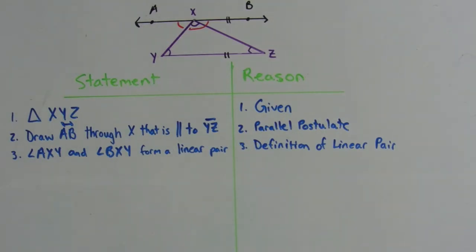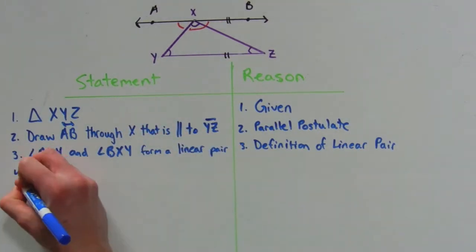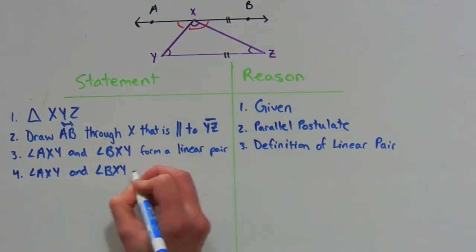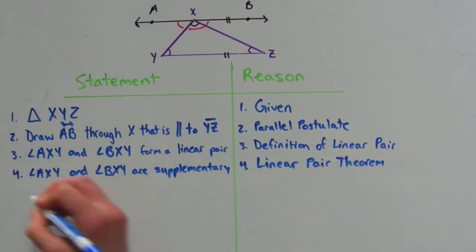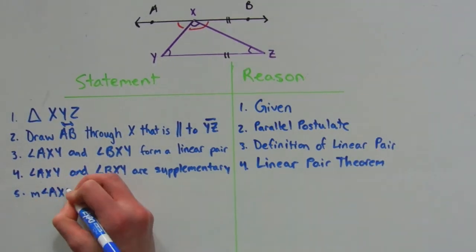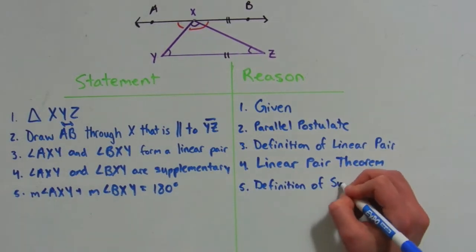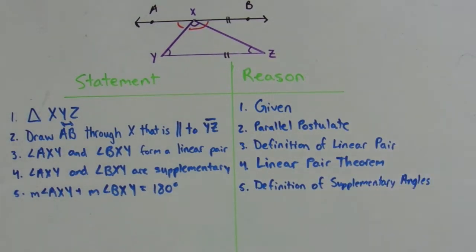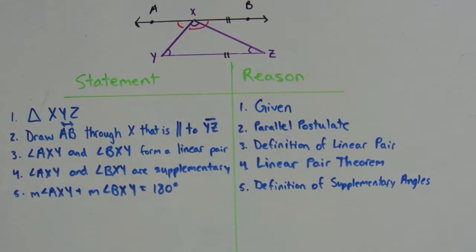And since they're supplementary, by the definition of supplementary angles, then those two angles add up to be 180 degrees. 180 degrees is what we need to prove that the interior angles add up to be.